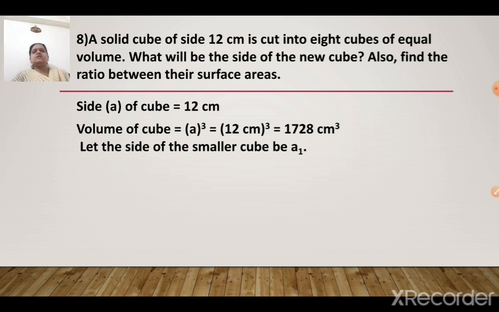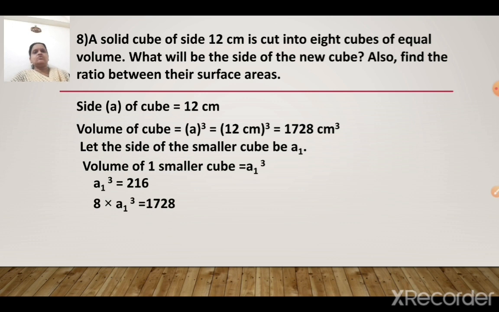Now that cube is divided into 8 equal cubes, correct? So we will consider the smaller cube side as A1. The volume of one smaller cube will be A1 cube, correct? So let us find out A1 cube is equal to 216. How did you get this 216? 8 into A1 cube equals 1728.